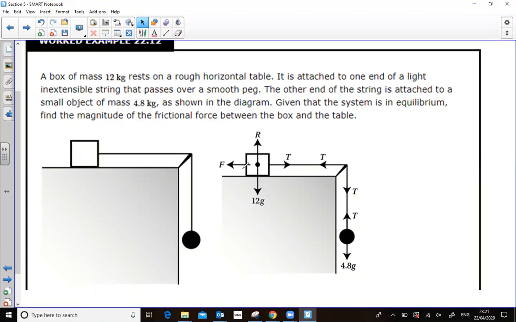And there is a frictional force to stop the box moving towards the right-hand side, so the frictional force will act in the opposite direction, towards the left. And there is a tension pulling the box towards the right-hand side. Because this is a light inextensible string, the tension throughout the string remains the same. Hence, we use T for all of them.